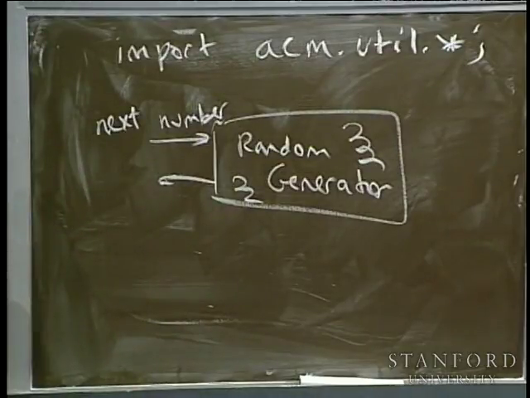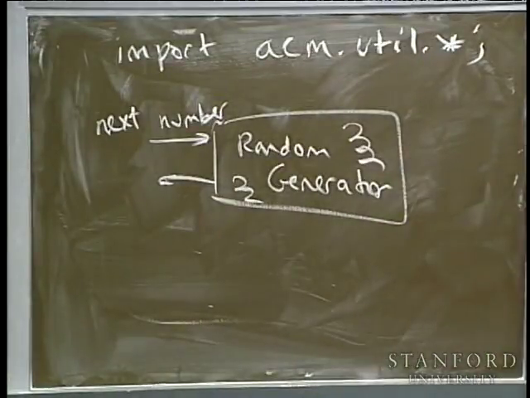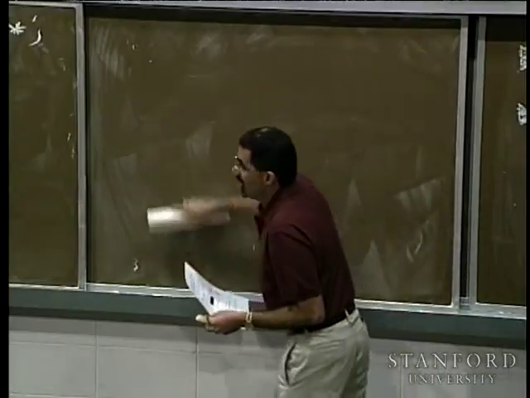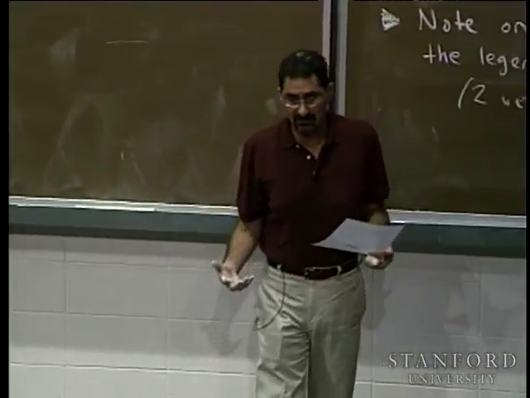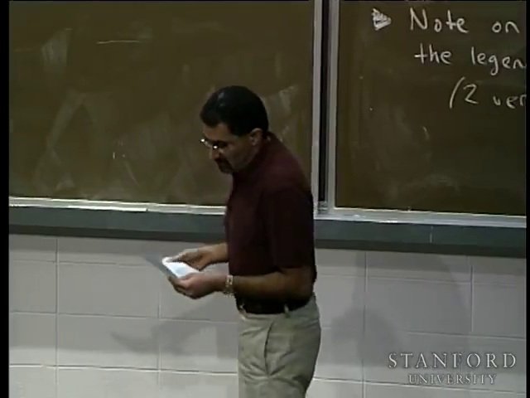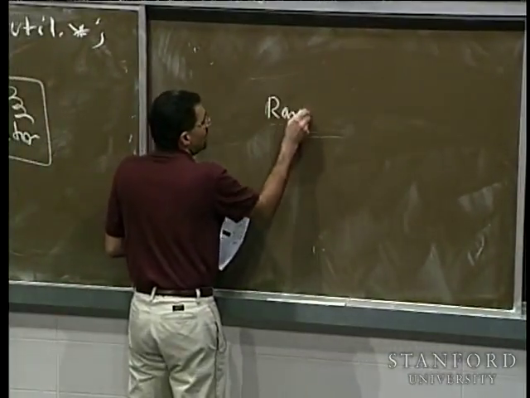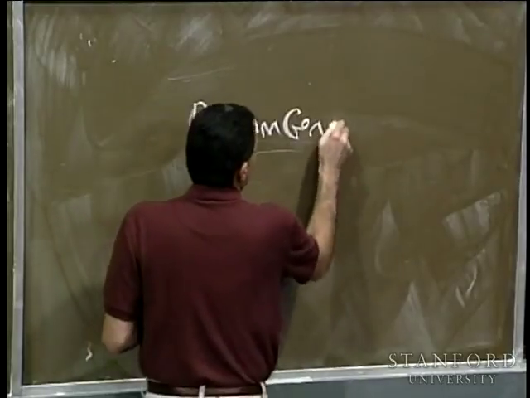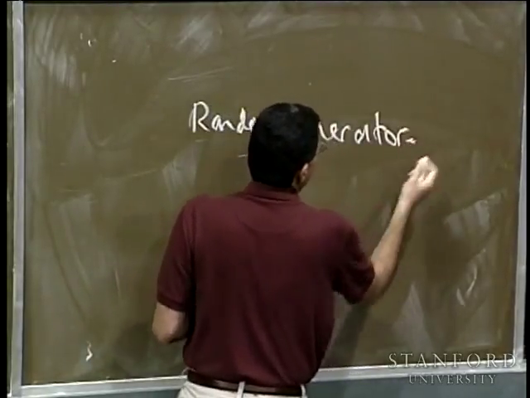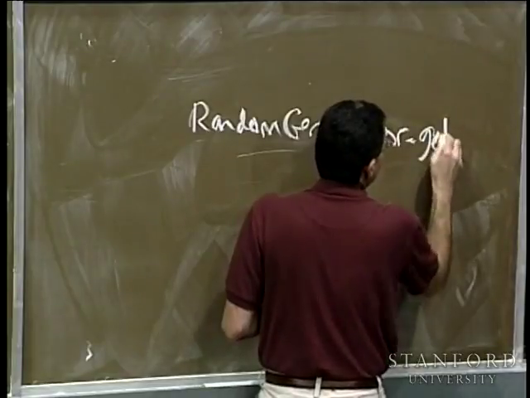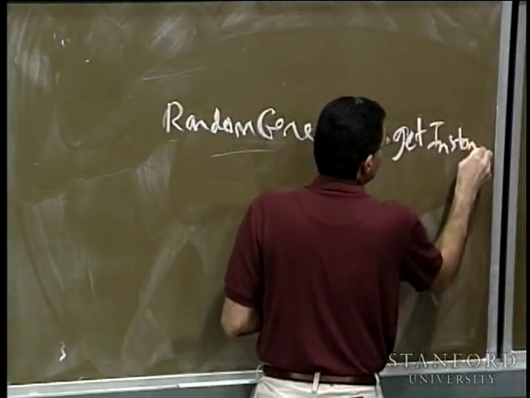The funky thing about a random generator is that it is a class, but rather than like most classes before, where when we wanted an object of that class we said new and you got a new object of that class, random generator is a little bit different. What you actually say is RandomGenerator dot, and the message you send is getInstance, which means give me an instance.